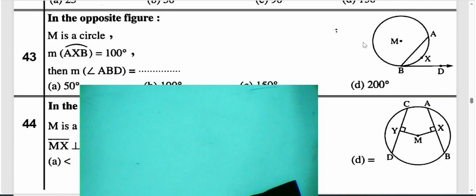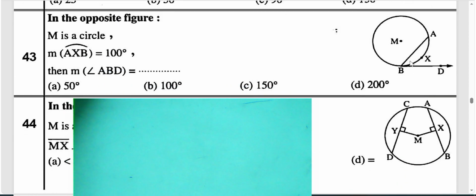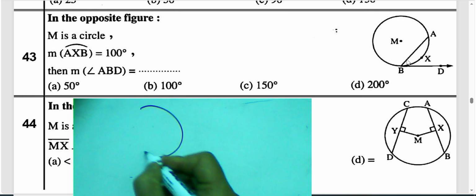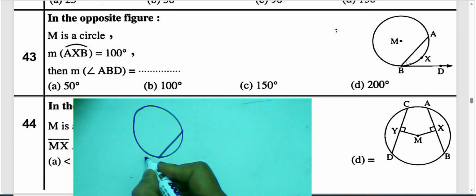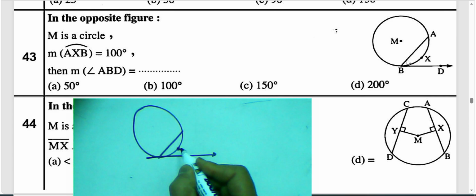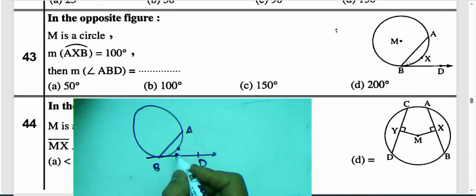Next question. In the opposite figure here, he wants to find the measure of angle APD. Look here, APD. If you use the example, the measure of arc AXB is 100. Yes, he asked about the tangent angle, 50 degrees, you know, because the measure of a tangent angle is half of the arc included between the chord and the tangent, like this. We have here the measure of this arc is 100.